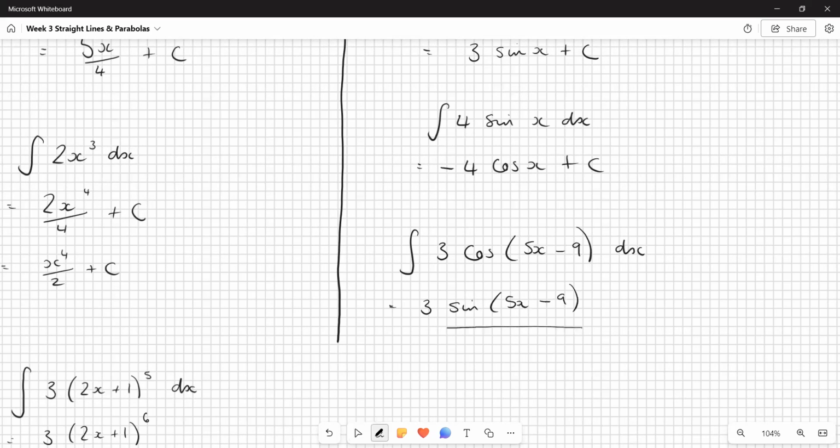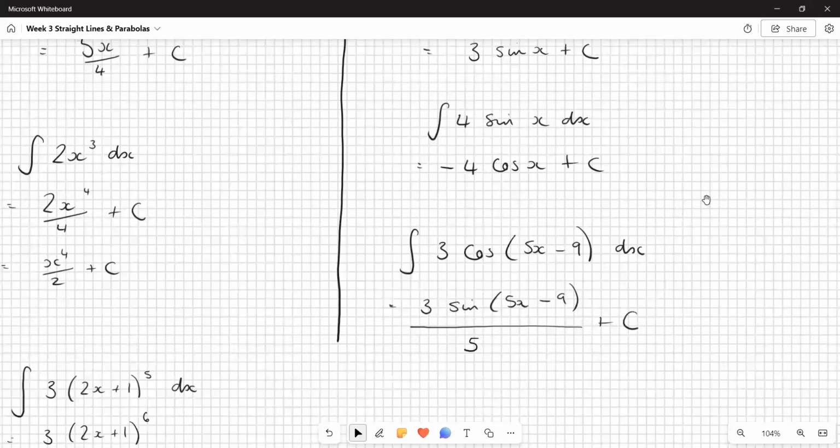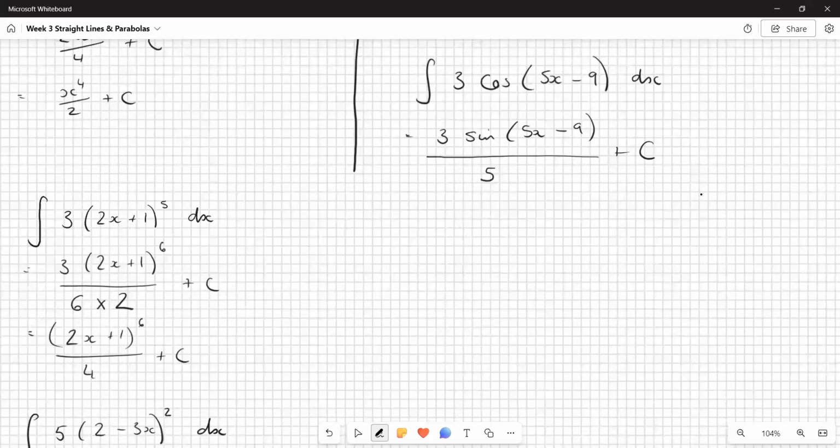But it's not an x, so we divide by the derivative, which is 5. What about if you've got 2 sin 2 pi x minus 1 dx?